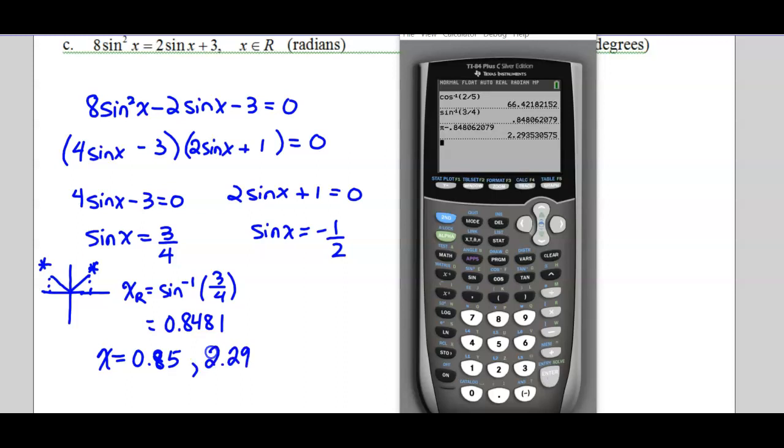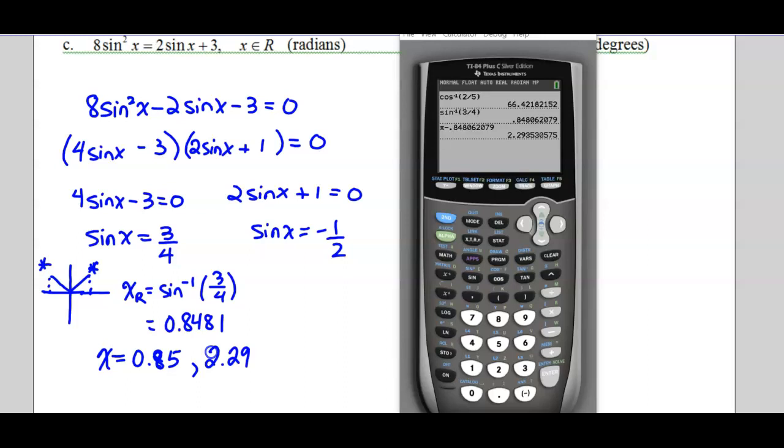Okay. Now we have to do the general solution. So the next set would be a complete rotation after that. This plus 2 pi.